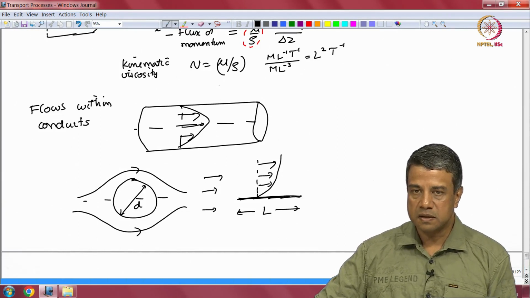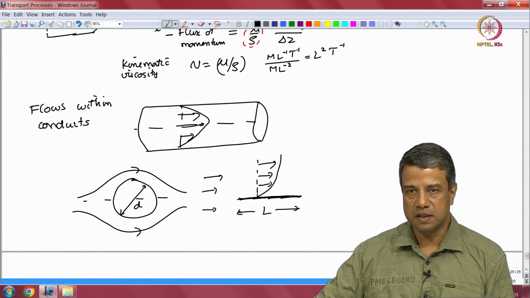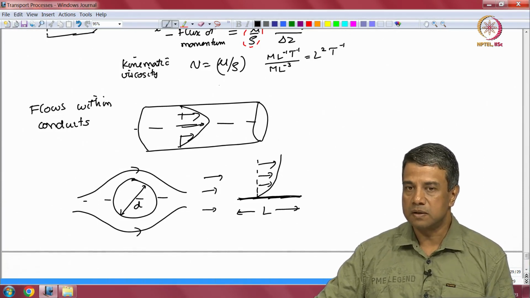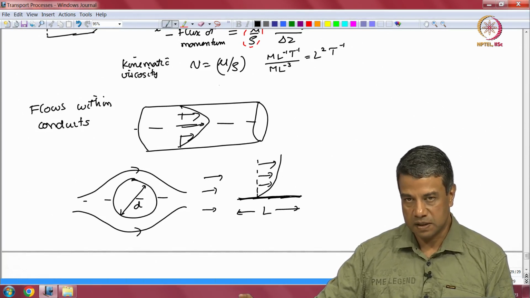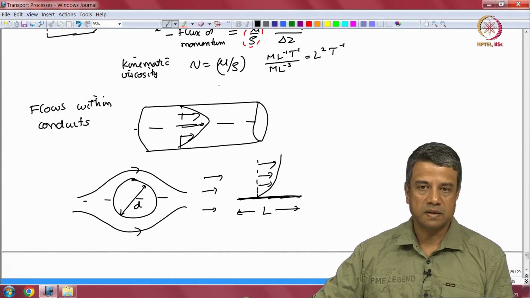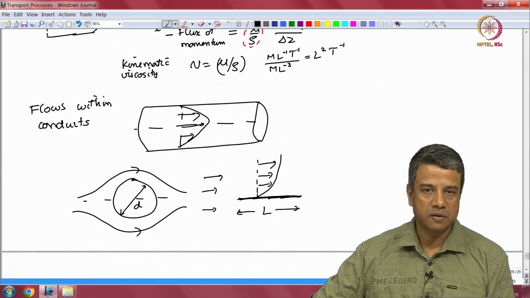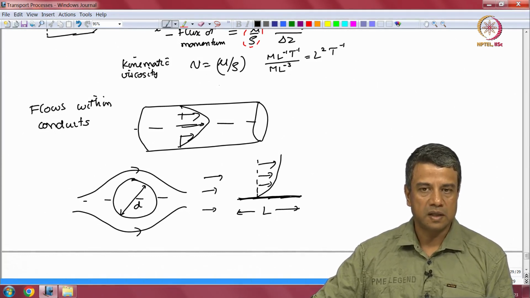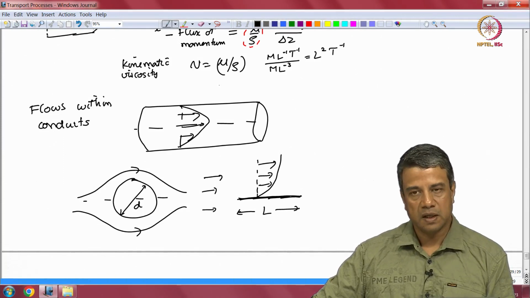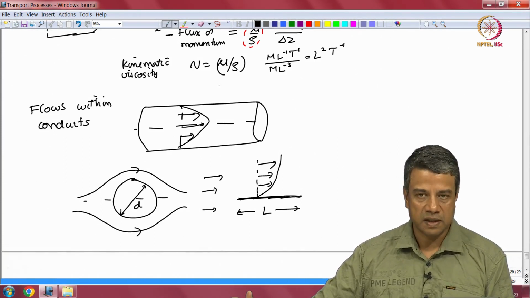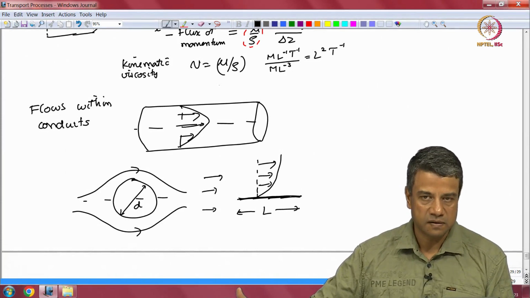So, all these relations apply locally at each point in the flow, but they do not apply on average over the entire domain. When you average the flux over the entire domain, these relations do not apply, but yet the dependence of the fluxes can be used to formulate dimensionless groups. And in those dimensionless groups, you will have a characteristic length and a characteristic velocity.